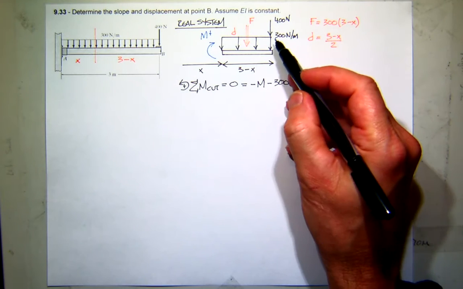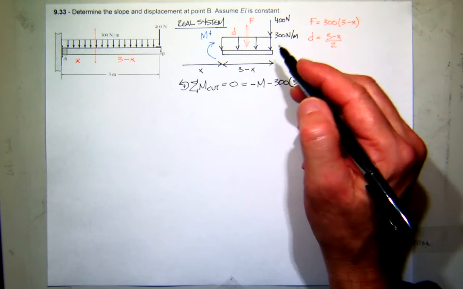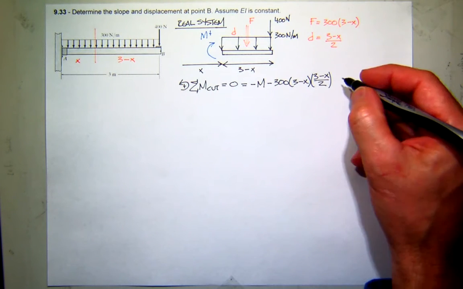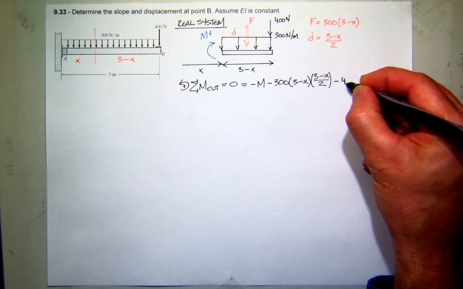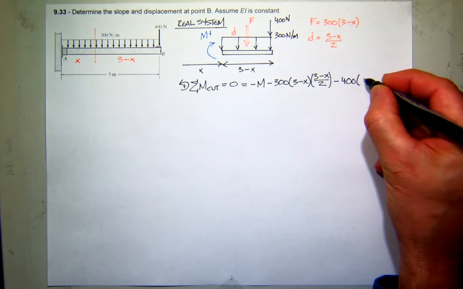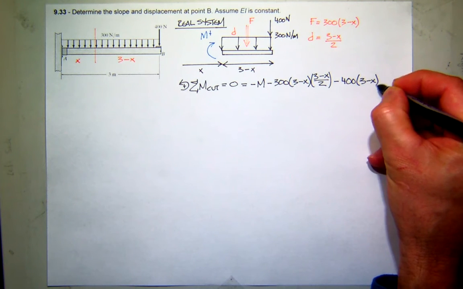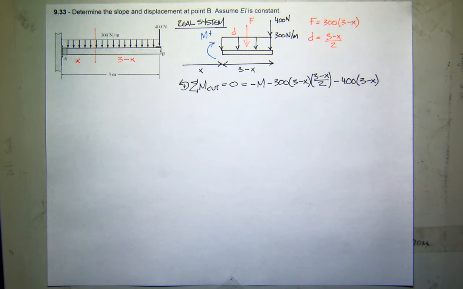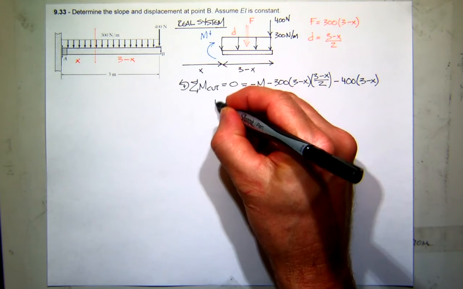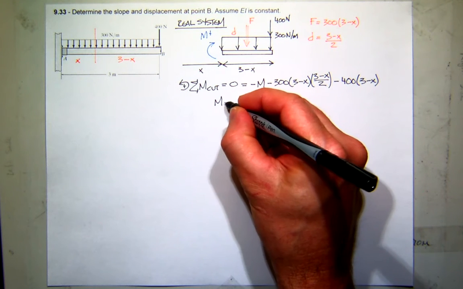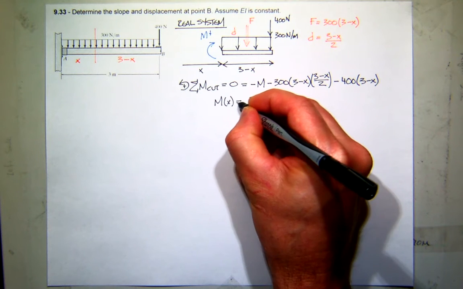And then get all the way out to the end. There's that 400 newton force, also creates negative moment. And what's its moment arm? 3 minus x. A lot of 3 minus x's. So I can solve for my moment as a function of x.